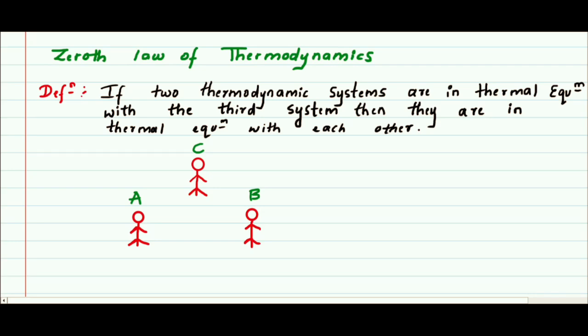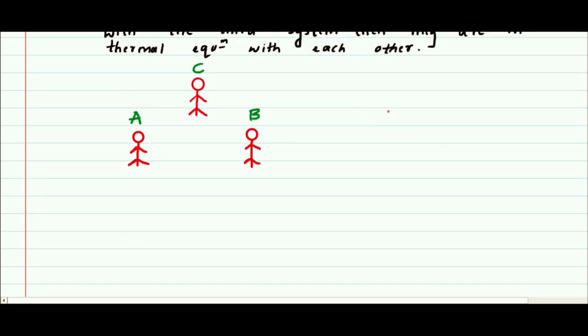So in general, if we keep this aside and take some general example like A, B, C, can we say that this is A, this is B as well as this is C? So we can say that A and C are friends with each other, while C and B are friends with each other.